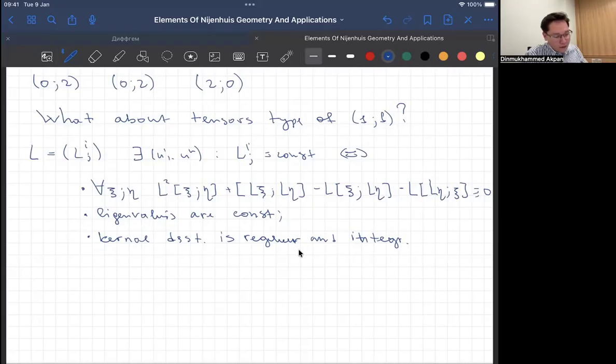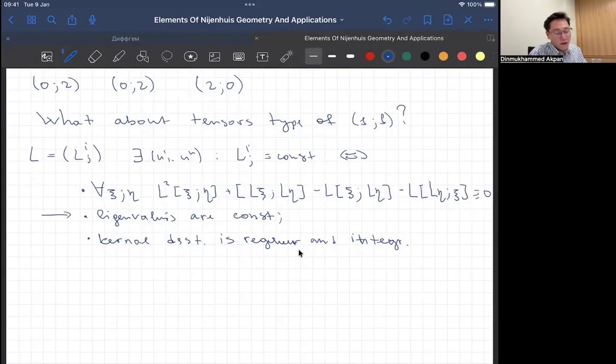So let's discuss the three conditions. The second condition we need because the eigenvalues are invariants and it's impossible to change them in any local coordinate system. If they are not constant, it's impossible to bring them to constant form, because they are invariants of the operator field.